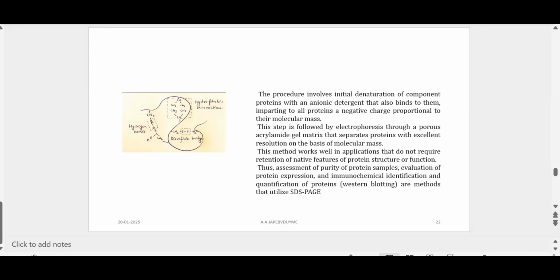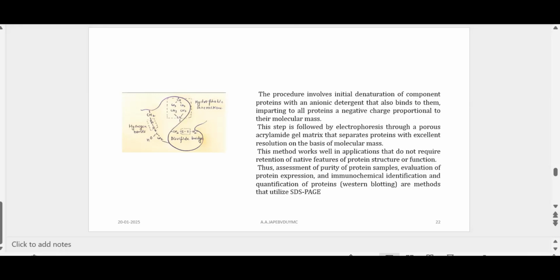So if these proteins migrate during gel electrophoresis, how would it look? For that purpose, I have shared this slide.